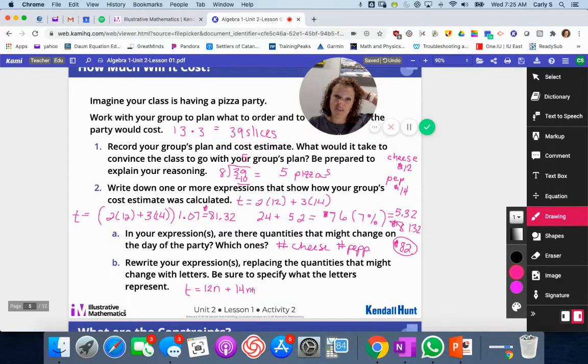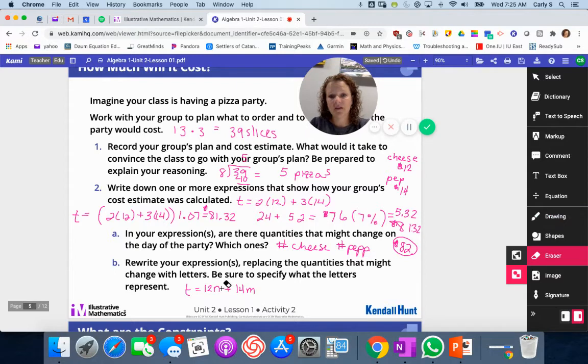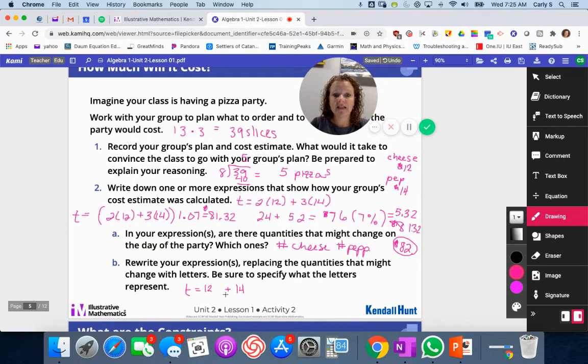We should probably use C and P, shouldn't we? That would make way better sense. Miss Carly, what's that N stand for? I don't remember. But a C stands for cheese, and a P stands for pepperoni. And we're going to multiply that times tax. I already used T.